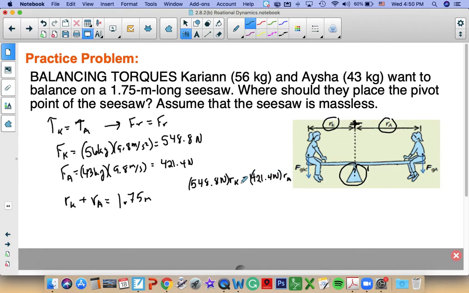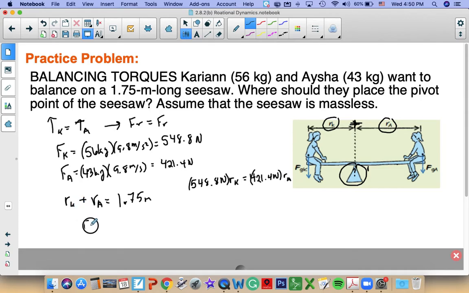Now we have two unknowns in this equation. Can we use this equation somehow to make those two unknowns turn into one unknown? Well, think about back in the day, if we have two unknowns, we need two equations. We can take this equation and solve for one of the unknowns. That's called substitution.